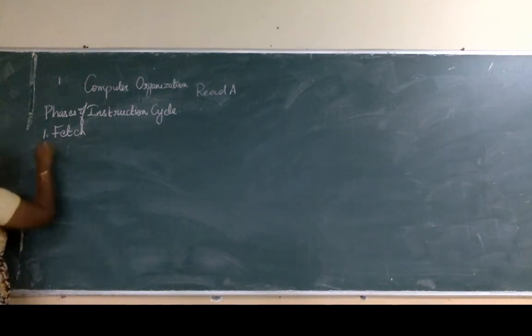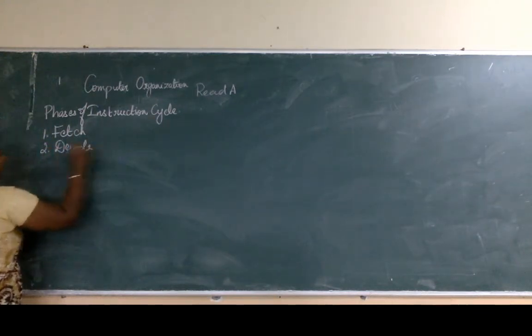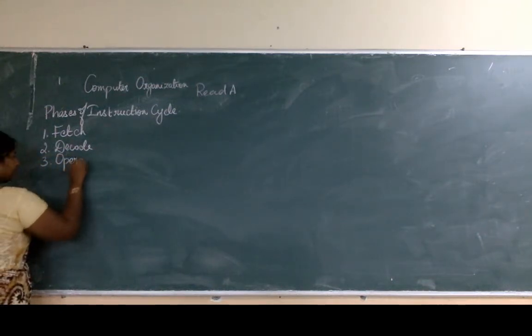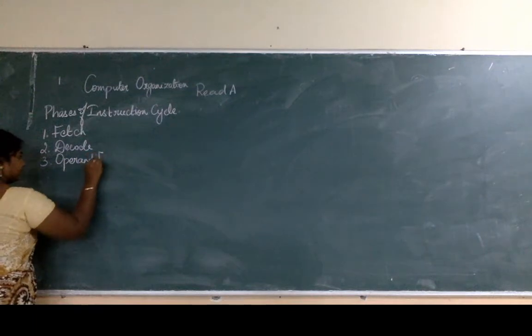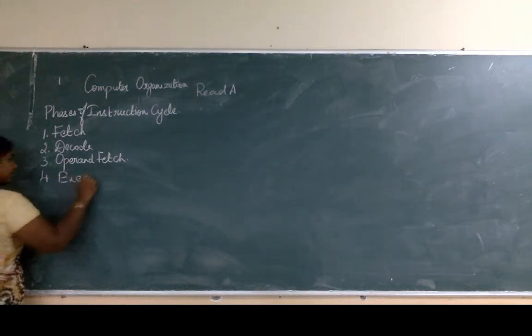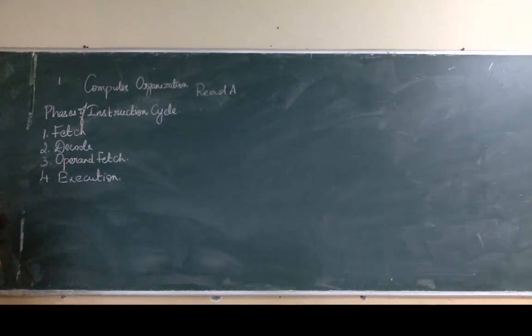The second one is called instruction decode. And then you have operand fetch, and the execution. So every instruction cycle has got four phases.